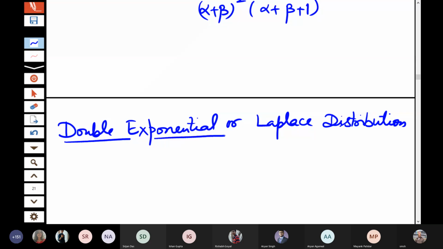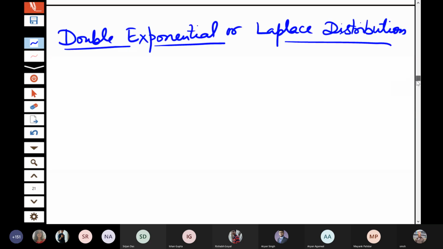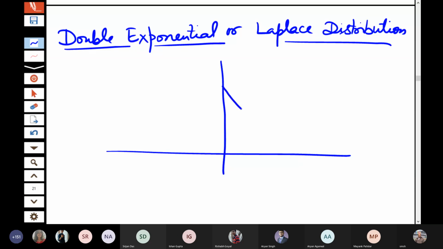As the name suggests, this distribution arose out of the exponential distribution, where we have only the right hand side, but if you have exponential on both the sides, then it becomes a double exponential. So if I consider this, and I consider a similar thing on the left also.